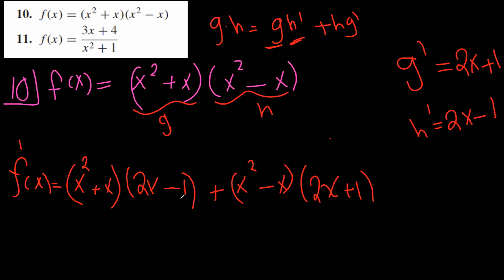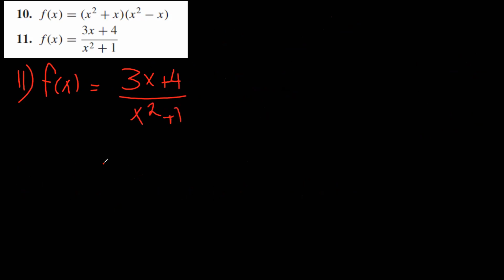I want now to solve number 11, just like a revision. In number 11, f of x equals 3x plus 4 over x squared plus 1. So we will name the numerator h and the denominator g.